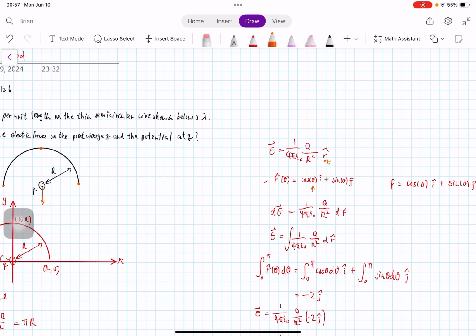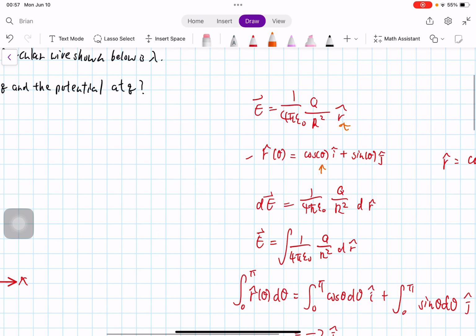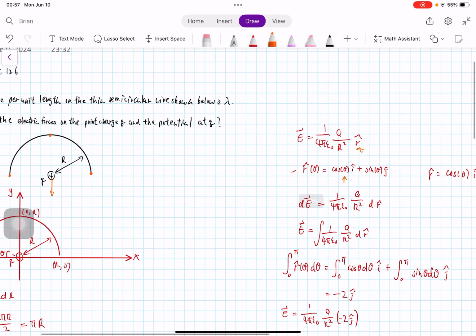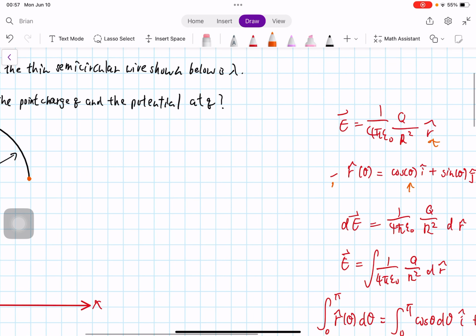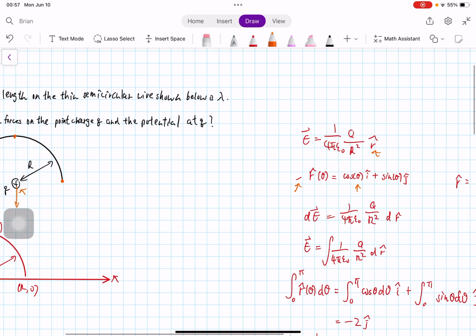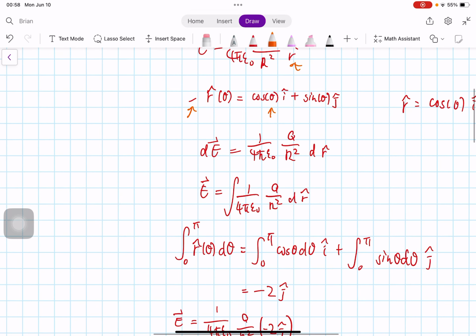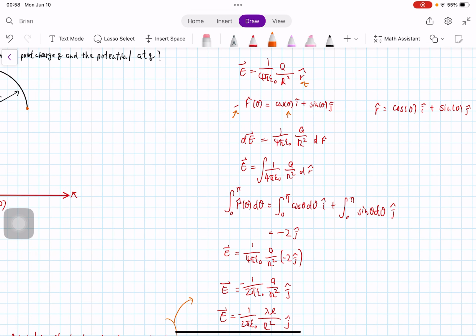This is something that I struggled with when I was doing this question. But notice I put the negative here because the electric forces are repulsive with the positive charge here, and the direction would go to negative j instead of positive j. So I have to put a negative here to make sure that I get the negative j at the end.